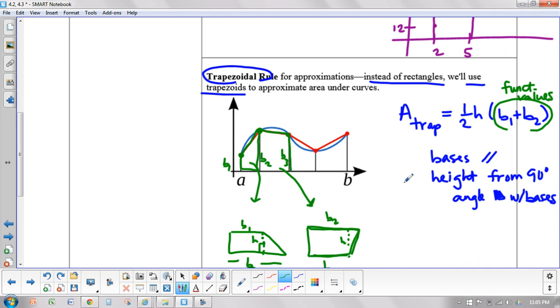And then in this case, your height is actually the delta x part, how wide each of them are. So again, height for a trapezoid is always from a 90-degree angle between the bases. And so in that case, when we're looking at a function example like this, the heights are going sideways to make that 90-degree angle. Okay?